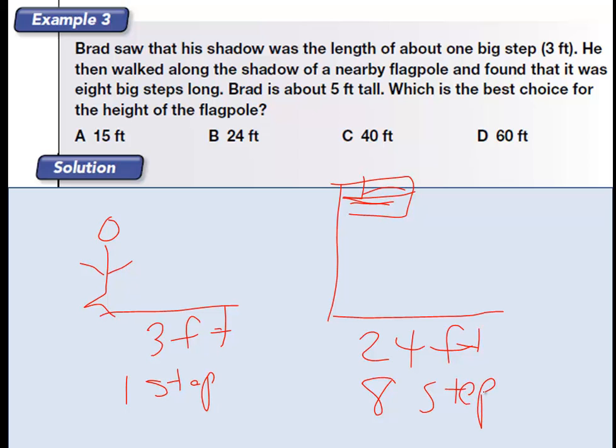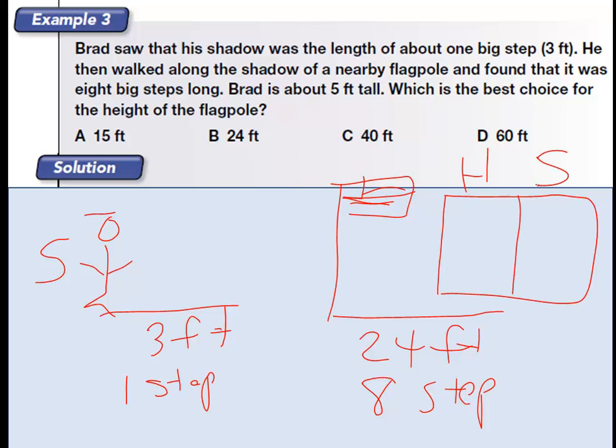And if we know that Brad here is 5 feet tall, now we can figure out the height of the flagpole. So let's go ahead and make our box. We've got height, and we've got our shadow, and here we've got Brad, and we have our flagpole. Brad we know is 5 feet tall and casts a shadow of 3 feet. And then the pole, we don't know how tall it is, but we know it casts a shadow of 24 feet.